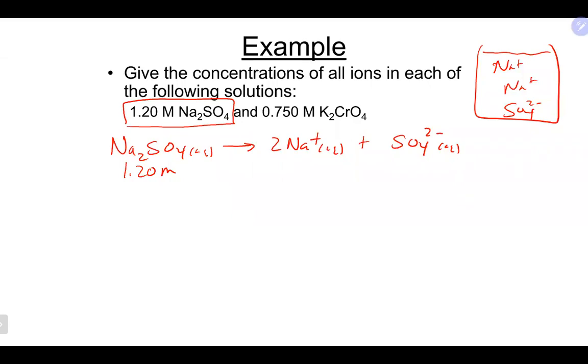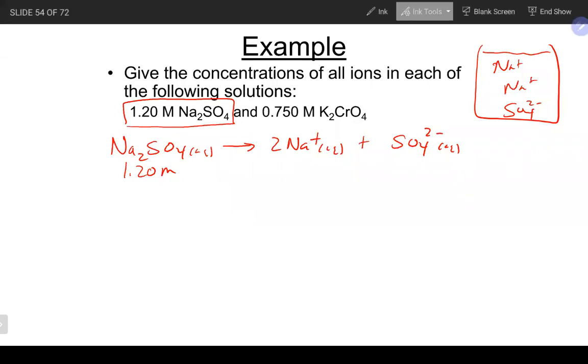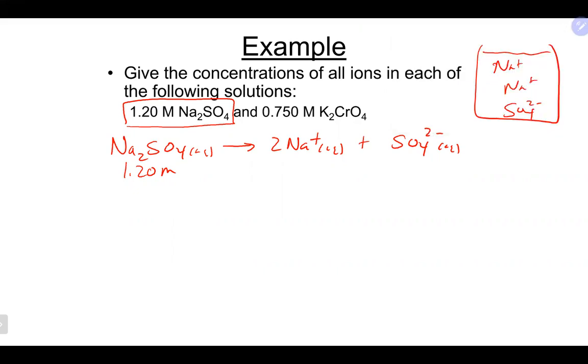The way that we do this is very much like stoichiometry. We could look at the coefficients. Here, this would basically be 1. So for every one of the sodium sulfates, you get 2 sodium ions floating around, which means twice as concentrated.